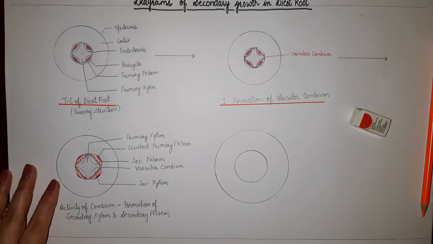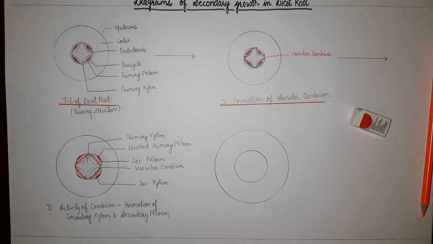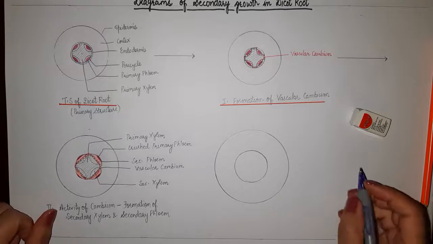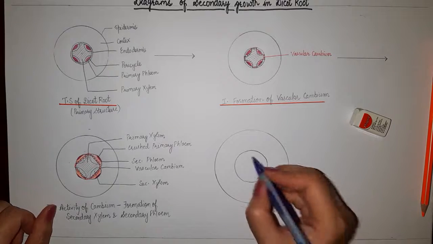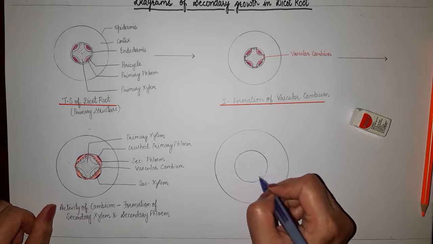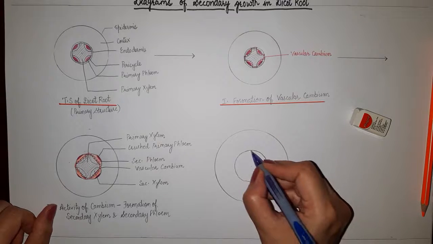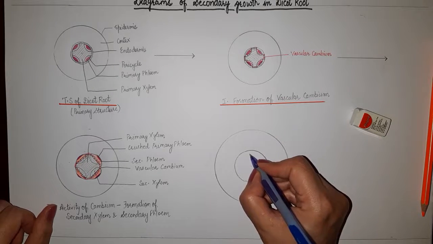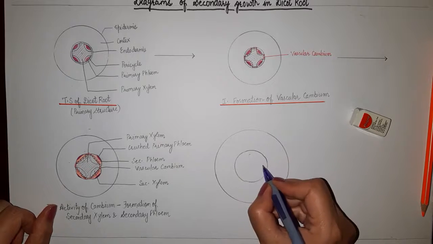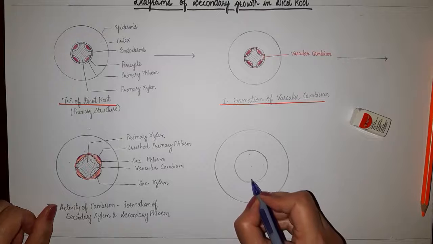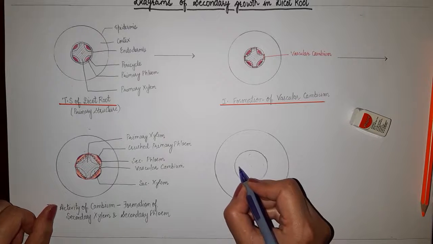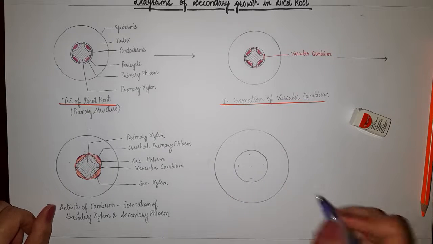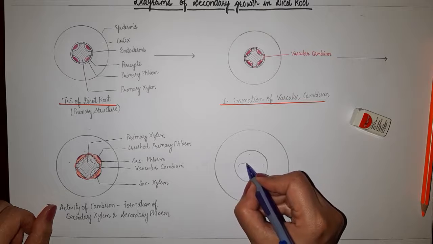Okay. So, in this diagram we are going to show the formation of medullary rays. So, we will mark center, but now the central star shaped area, it should be away from this line. Okay. So, mark the star shaped area at 4 different points for primary xylem.